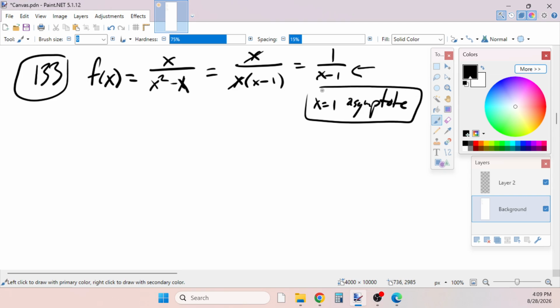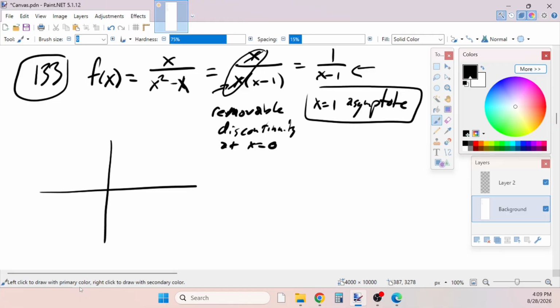So it's going to have an asymptotic discontinuity there. But since I was able to cancel out a linear factor, it also has a removable discontinuity at x equals 0, because I can't divide by zero if I plug 0 into the original function.